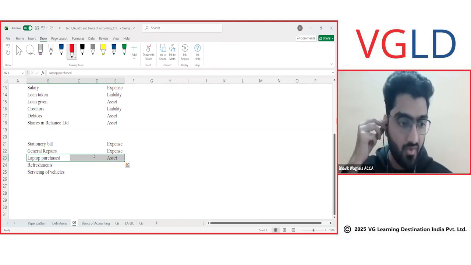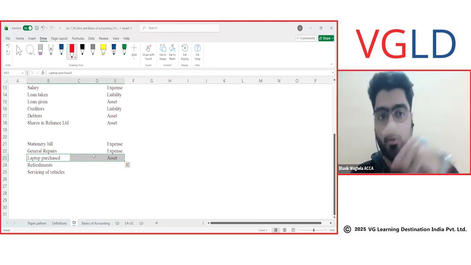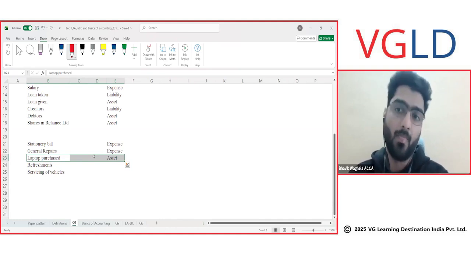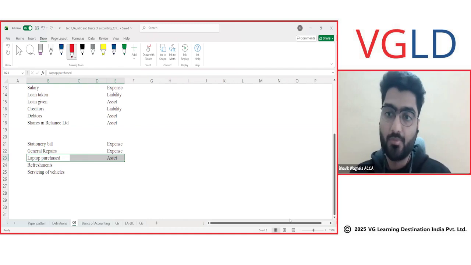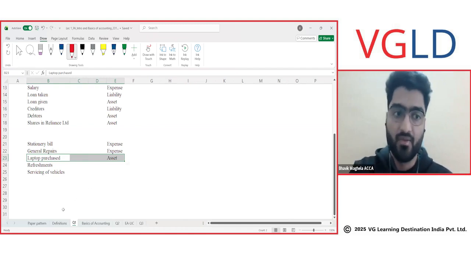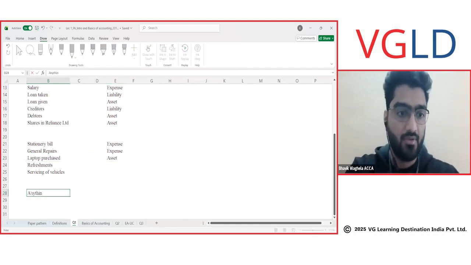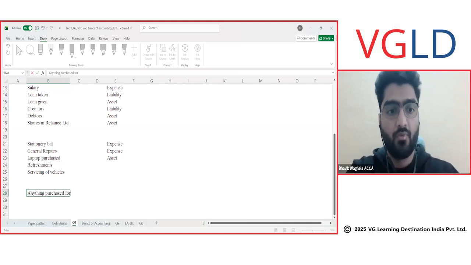But now, listen, going forward, you won't be saying asset directly. What you will have to see is whether this laptop was purchased for resale or for office use, that is, business purposes. Anything purchased for resale is an expense.